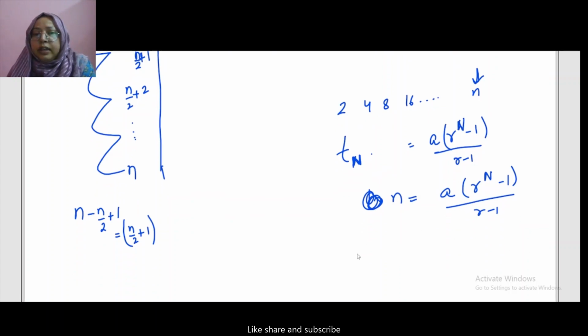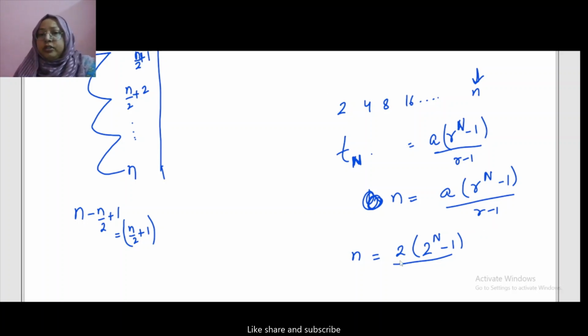Now see, here a is 2, r is also 2. So 2(2^N - 1)/(r - 1). The ratio is 2, so 2 minus 1 will be 1, so it is 2 by 1, and we can leave this one also.